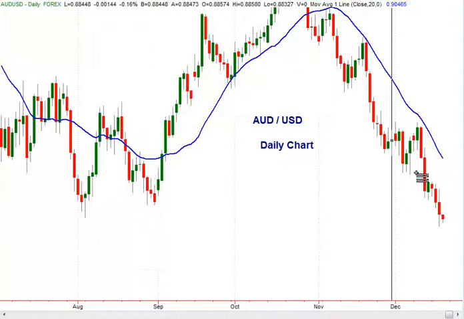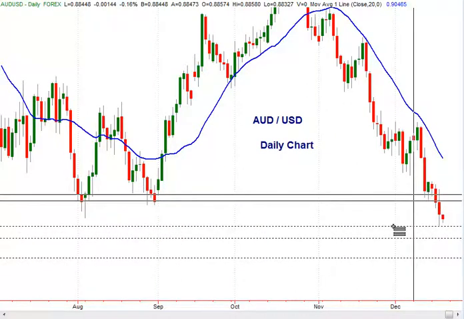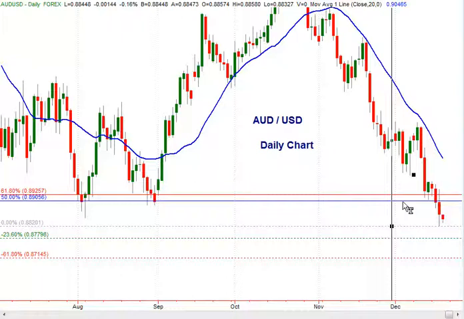As I mentioned yesterday, we now have the new setup short at 0.8905, and that's where we should see participation lower.